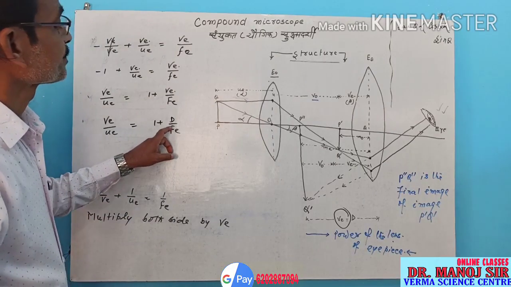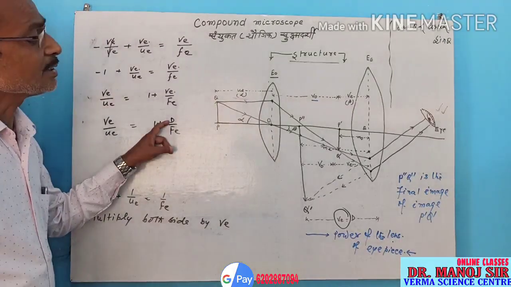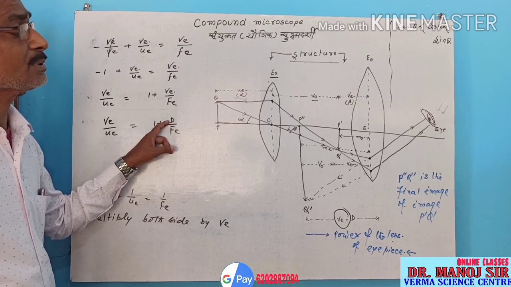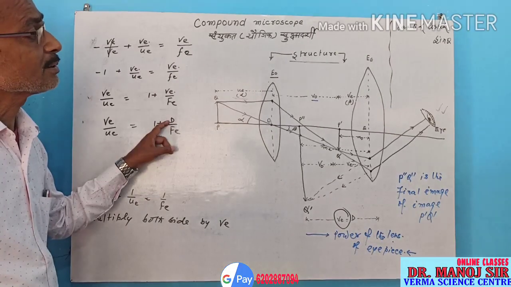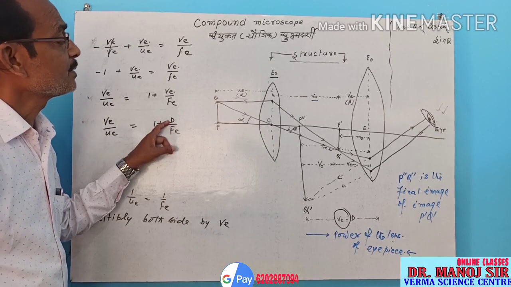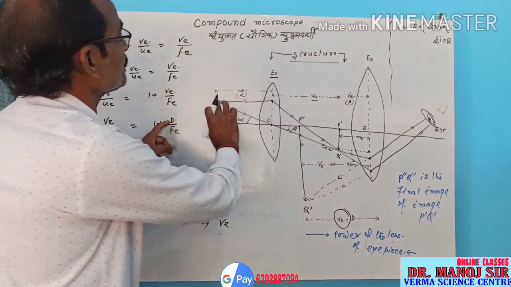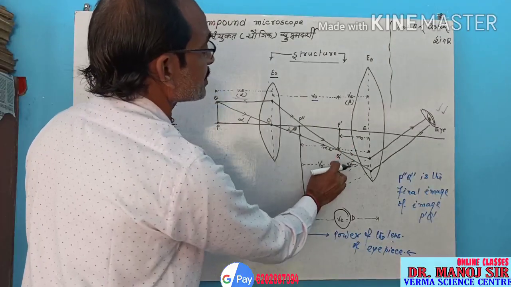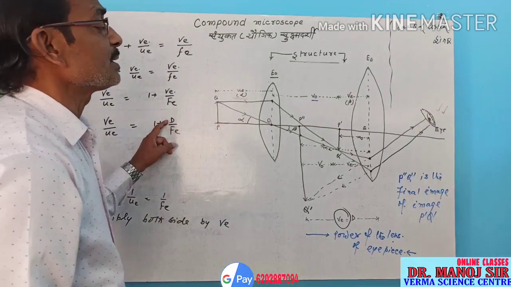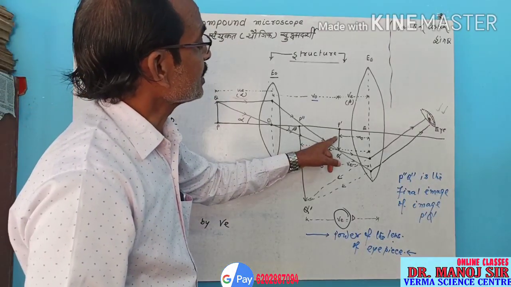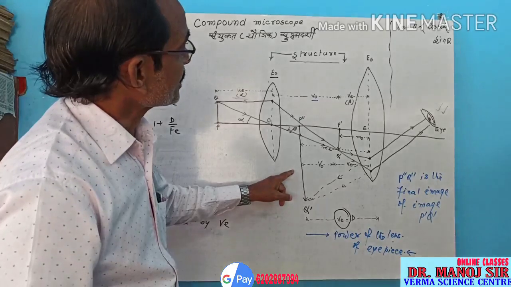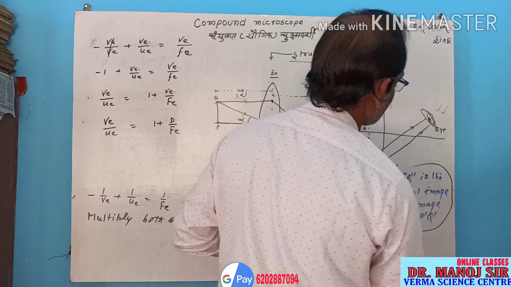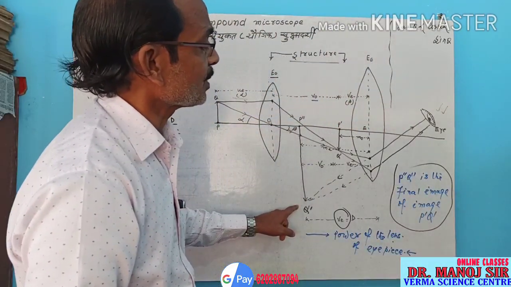D indicates the distance of clear vision of the object by the eyepiece. One image of PQ is P dash Q dash, which is not a clear image, but its image P double dash Q double dash is. Here P double dash Q double dash is the final image of the image P dash Q dash.